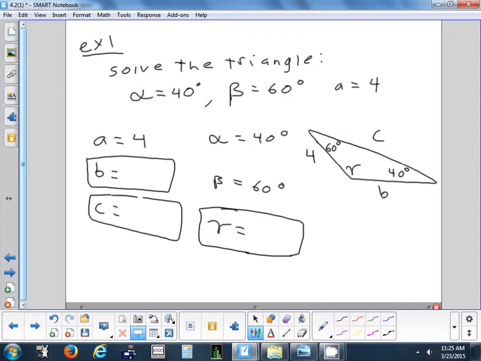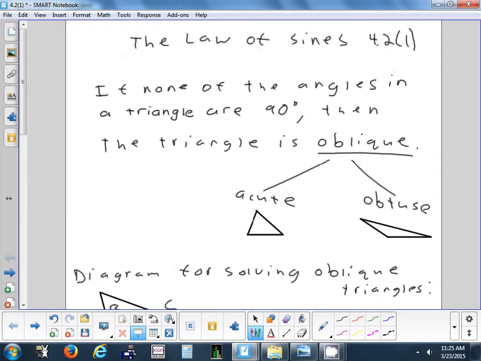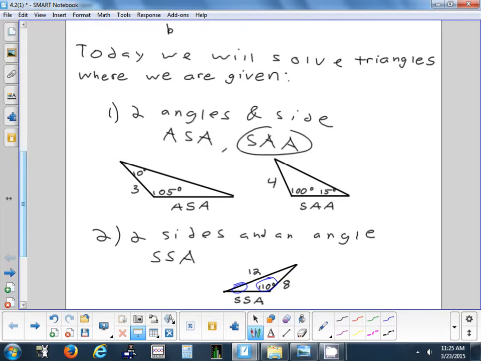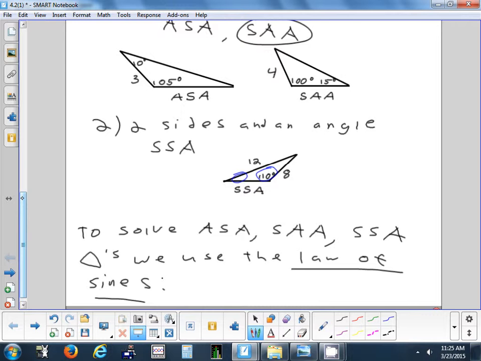You have a side, and you have an angle, and you have an angle. So you could say side angle, angle, or angle, angle, side. Same thing. It's this type. So this is one of the types that you use law of sines for.